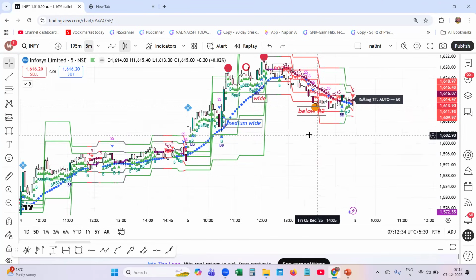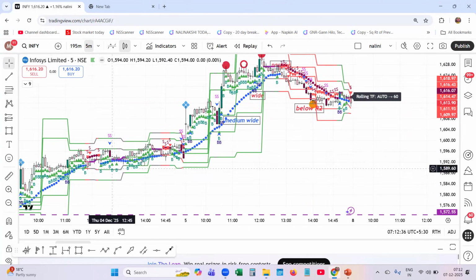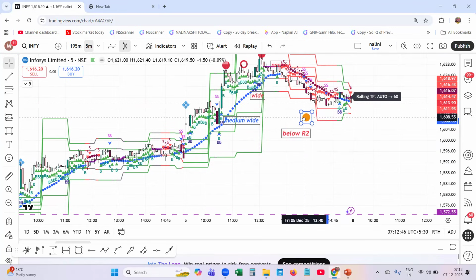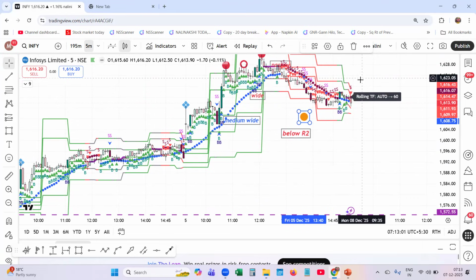For the first time, you can see nowhere here has it come out of the R3. Here, if I move this price a little bit, it is below R3. That is indicating trend exhaustion. The price has started to move down. Any up move in this is a selling opportunity. It may go down.